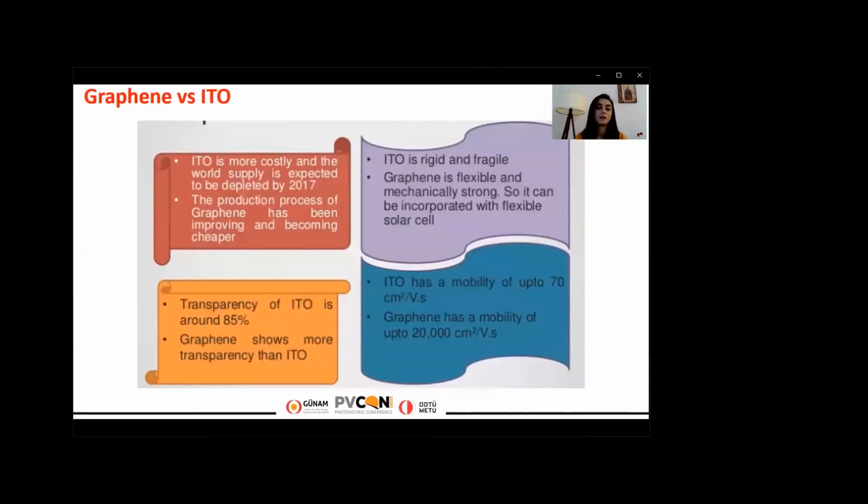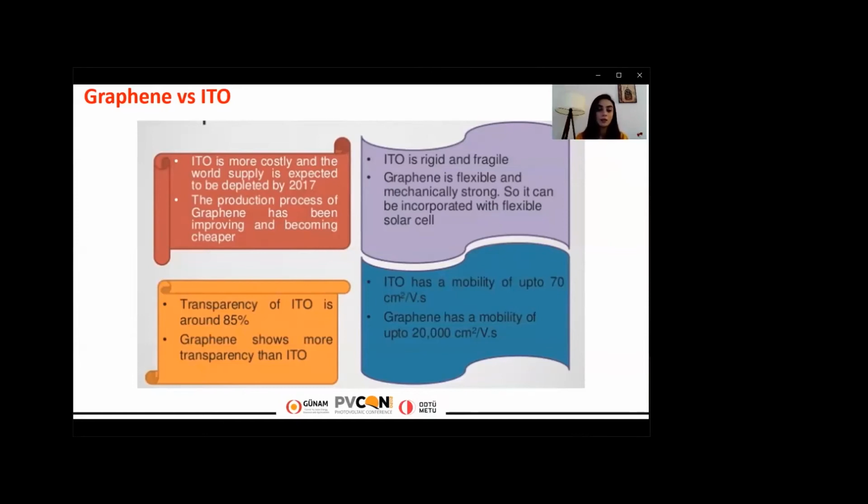If we compare graphene with indium tin oxide, graphene is more costly. It is a very expensive material, but the production process of graphene has been improving and becoming cheaper. Indium tin oxide is a rigid and fragile material, but graphene is flexible and mechanically strong, so it can be incorporated into flexible solar cells.